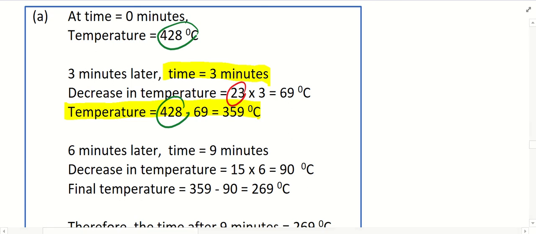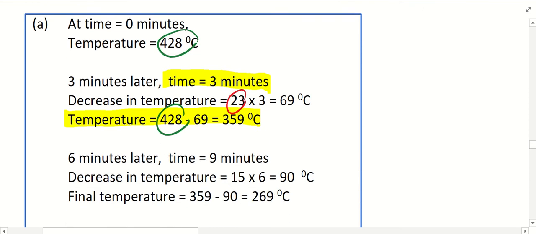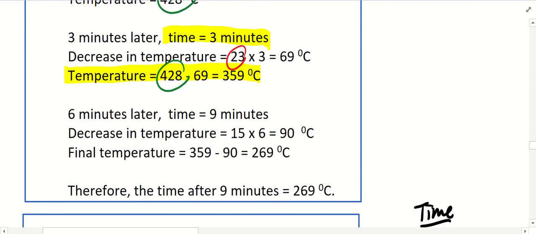Now we're interested in finding, remember, what is the temperature after 9 minutes? So 3 minutes have passed. We want to find what is the temperature at 9 minutes. Then, no choice, we have to find the temperature 6 minutes later. 6 minutes later, after 3 minutes, time is 9 minutes.